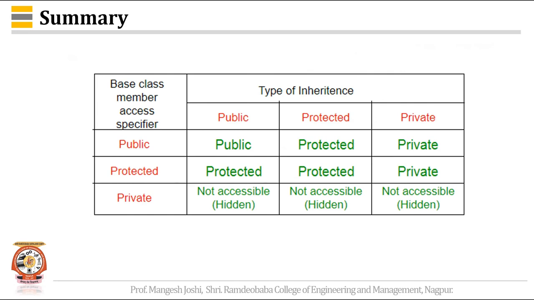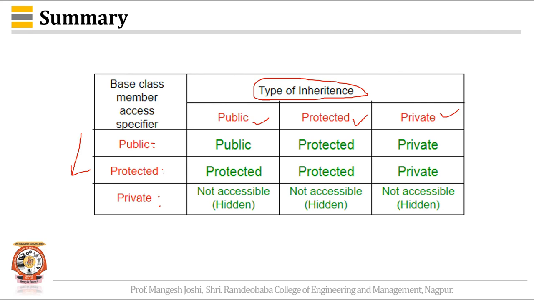Just to sum it up, let us see the summary. Vertically, you have the class members, that is public members of the class, protected members of the class, or private members of the class. And horizontally, you have the type of inheritance, that is whether you have derived the class using the public keyword, protected keyword or private keyword.